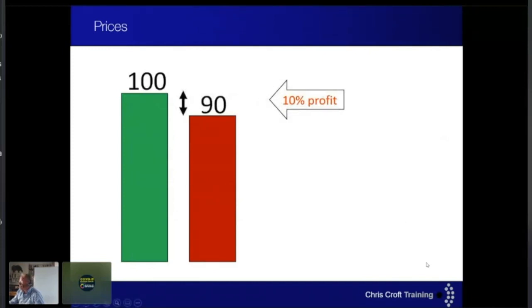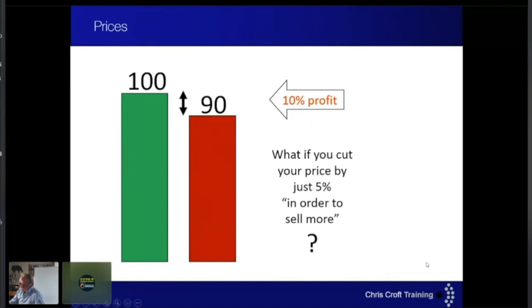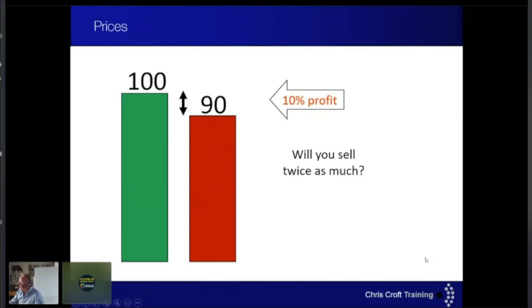So that's fine. Now, what would happen if you cut your price by just 5% in order to sell more? What would happen if you cut that 100 down to 95 in order to sell more? And of course, what it's done is it's reduced your profit margin significantly.